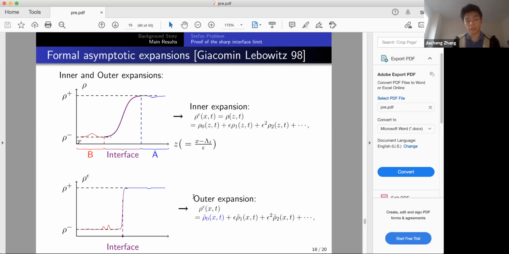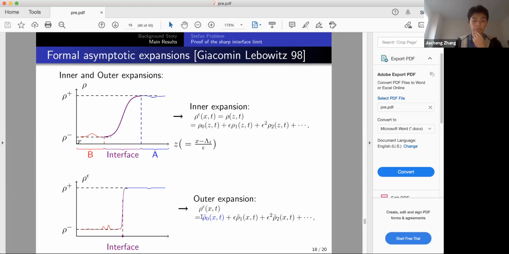in the sense that we look at the actual rho epsilon, and we at least argue that this rho epsilon(x,t) would behave like rho 0 tilde plus epsilon rho 1 tilde plus epsilon squared rho 2 tilde, another Taylor expansion here. Basically our limiting result will focus on the picture below, and this rho 0 tilde, as epsilon goes to 0, would indeed be our limiting equation.